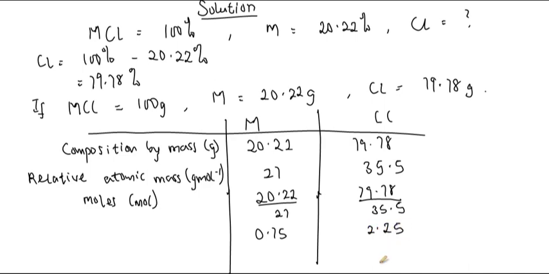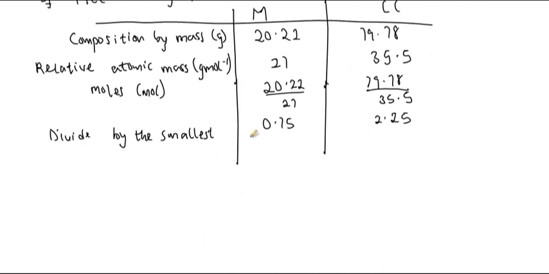Since we are to write a formula, we will need to determine the simplest form in which they can combine. For instance, if this is 4 and if this is 6, definitely we can still break that to be very small by dividing both sides by 2 to have 2 and 3. But in this case, we have 0.75 and 2.25. So to make this easier, we'll just be dividing by the smallest value. So here I'll say divide by the smallest. And the smallest value here is 0.75.